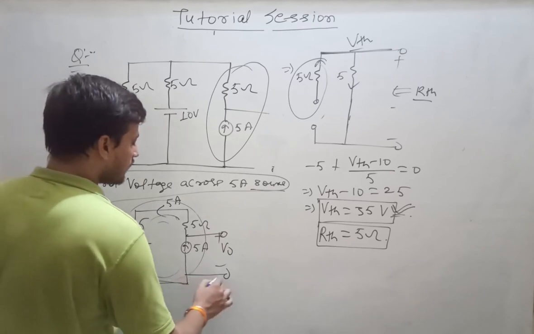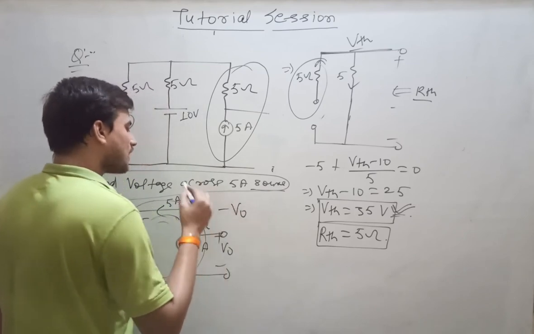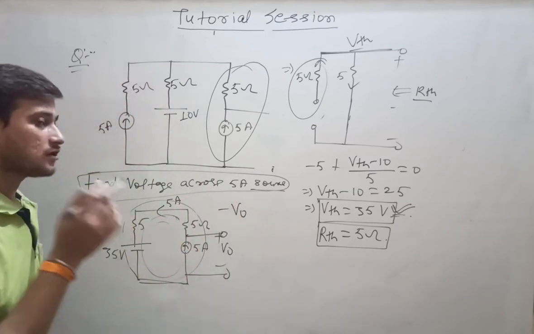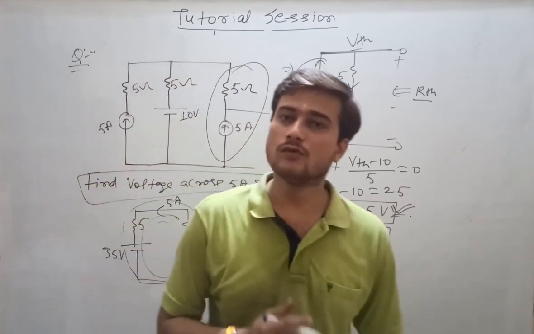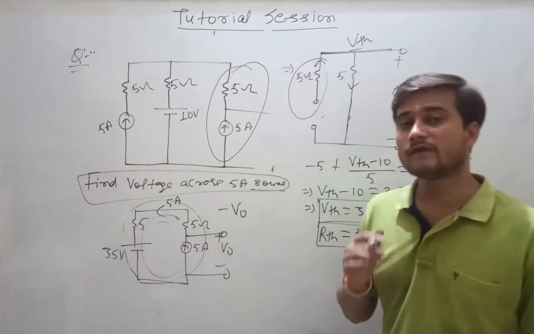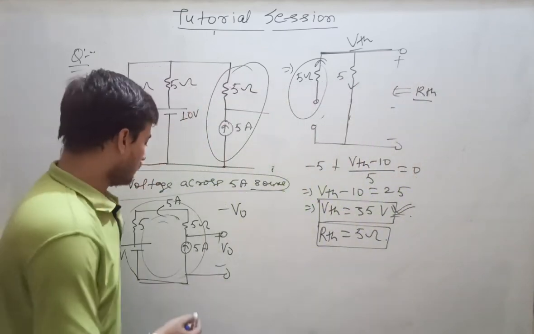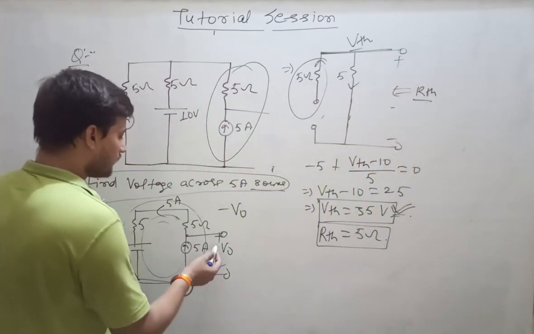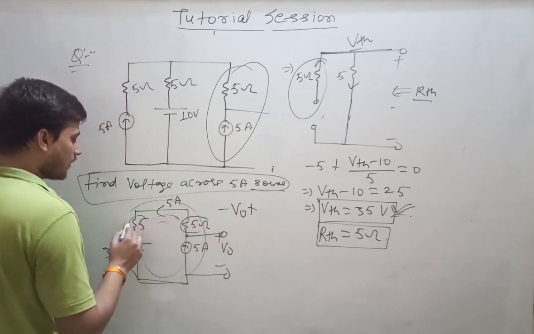Here the potential is minus V0 because you must prefer to move in the direction of current. It will be very easy to find the value. So let's move like this one. Minus V0 plus, this is 5 ohm, this is 5 ohm, so total 10 ohm.